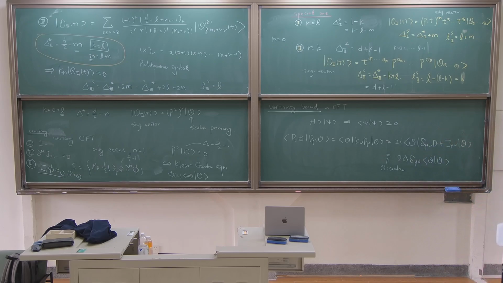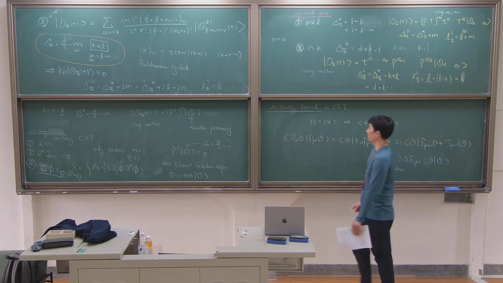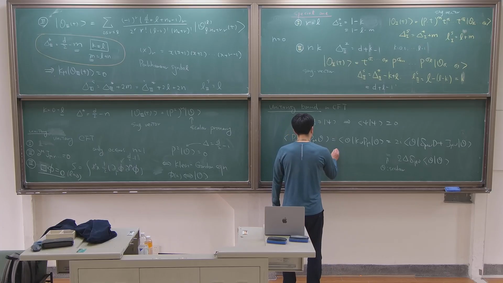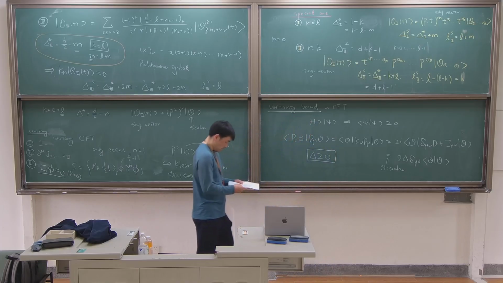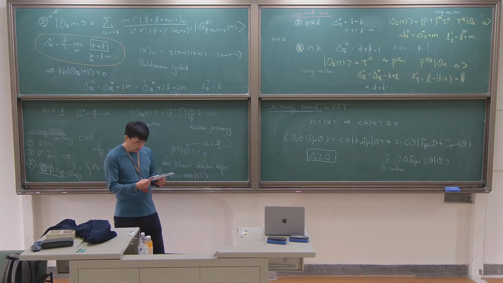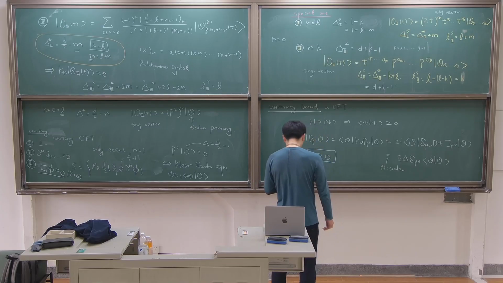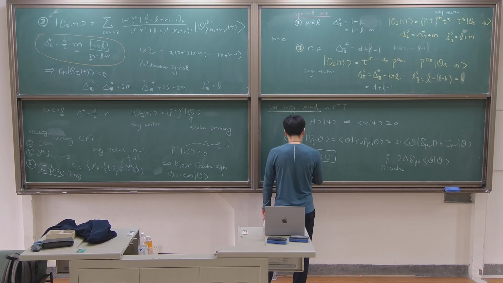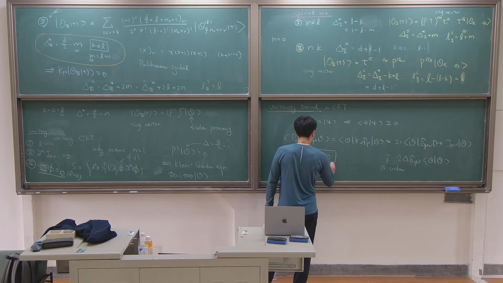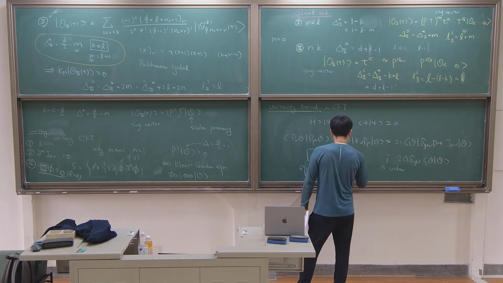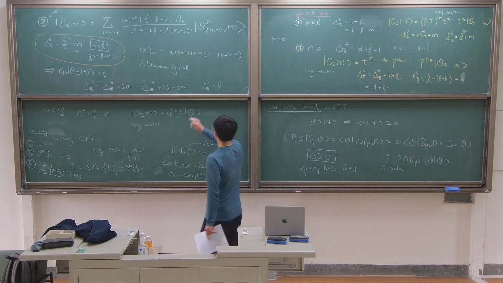So therefore, unitarity will tell you that any scalar conformal dimension needs to be like this, and then equality holds when O is the identity operator.